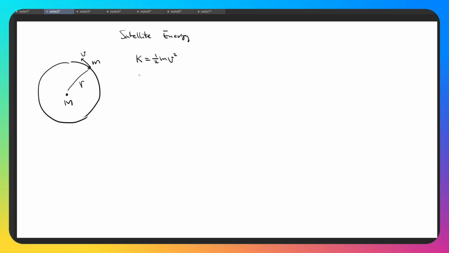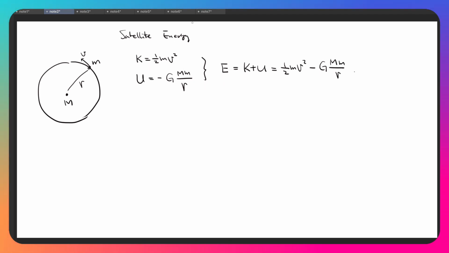Then in the previous video we talked about the potential energy definition, right? So U is negative G M m over r. Okay, so that's the potential energy of the satellite. Therefore, the total mechanical energy of the satellite is K plus U equals 1/2 m v squared minus G M m over r. However, it turns out that K and U have more relations we haven't explored.